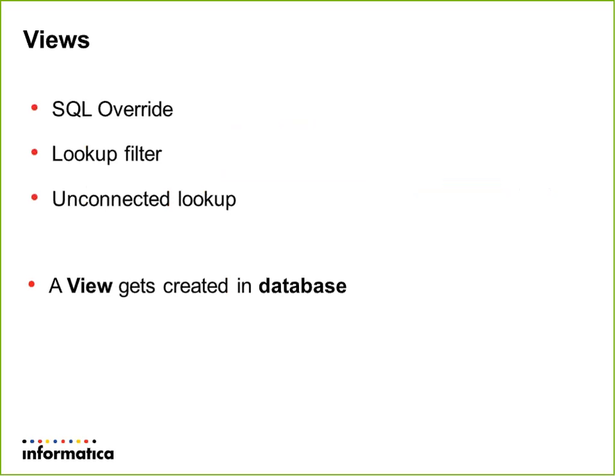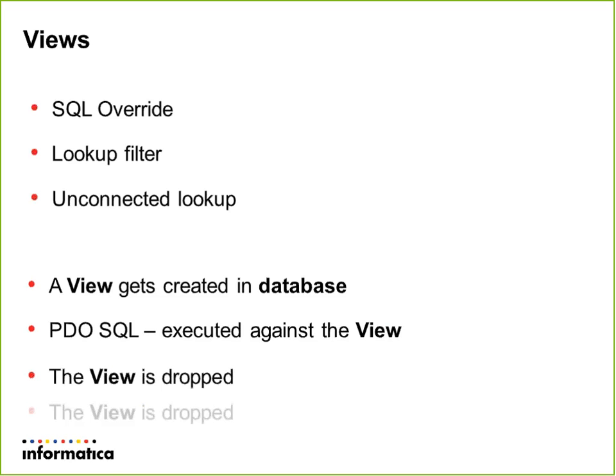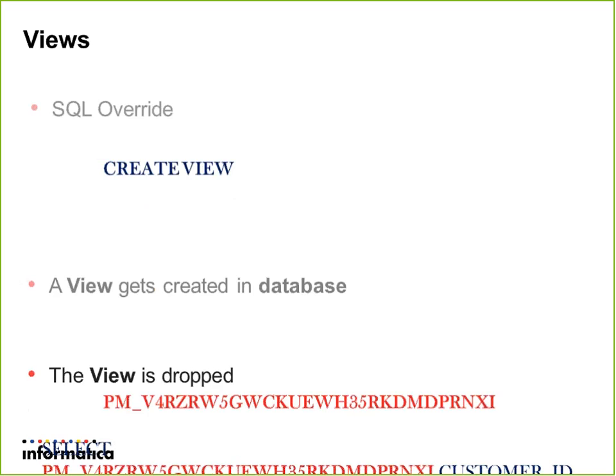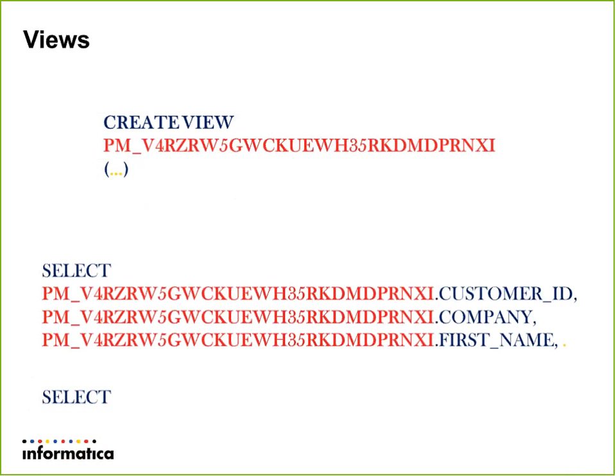So an appropriate view gets created in the database if this option is selected, and the created view then will be used in the appropriately generated PDO SQL for the data processing. And once the data is processed, the view is dropped. Shown again are a few examples of the view that gets generated and the appropriate select or the PDO SQL that utilizes the same.